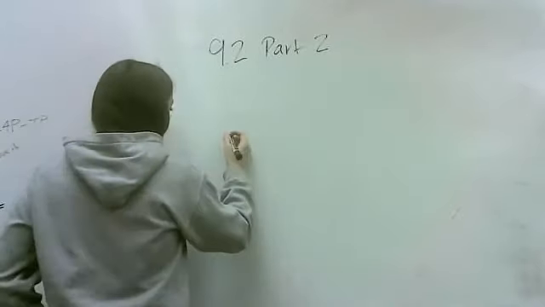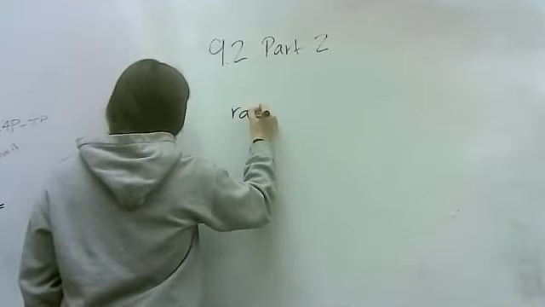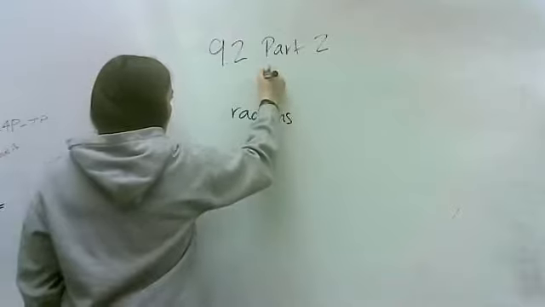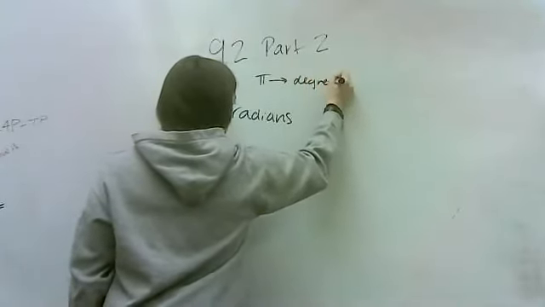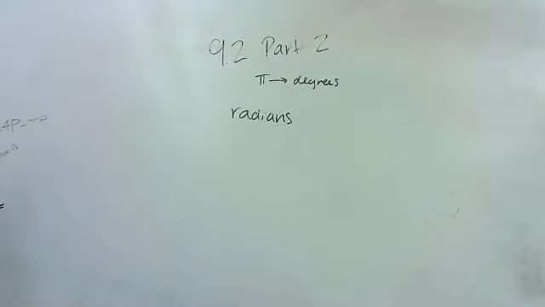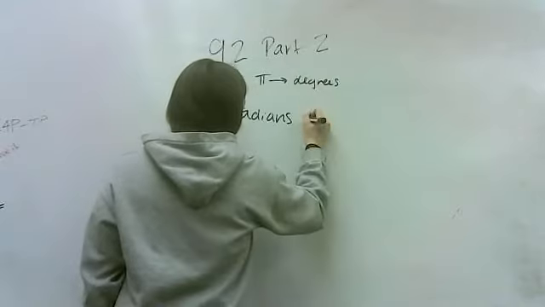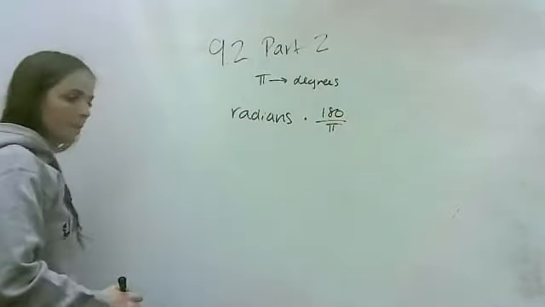If we are going radians to degrees, you take your radian measure and you multiply by 180 over pi.